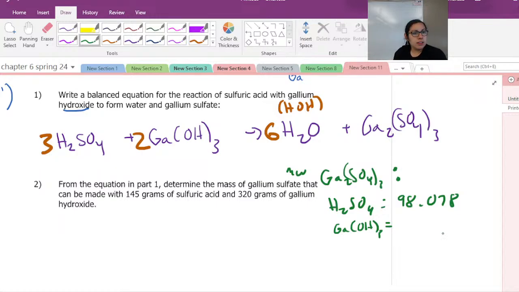What did you get, Hannah? Still calculating. You can just add up hydroxide, which is 17 times 3, plus gallium. I don't remember gallium's molecular weight there.